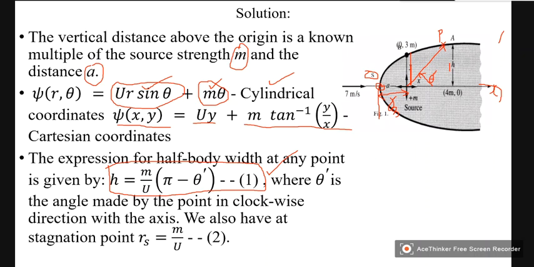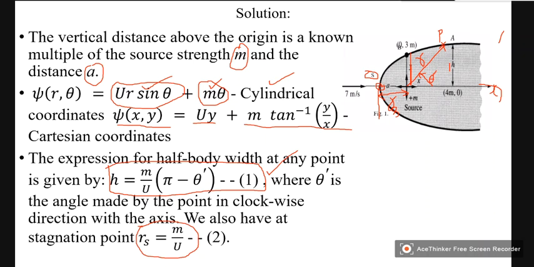At any other point, the radius is R. So here it is RS. Now we know that at the stagnation point, RS is equal to M by U. So these two relationships we are going to use for solving this simple problem.